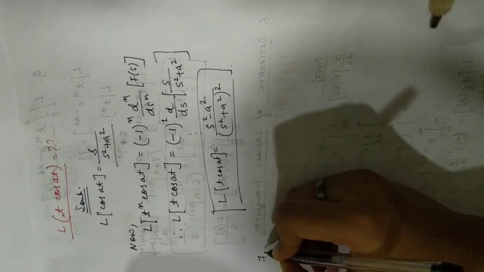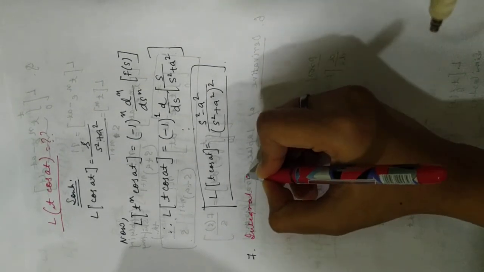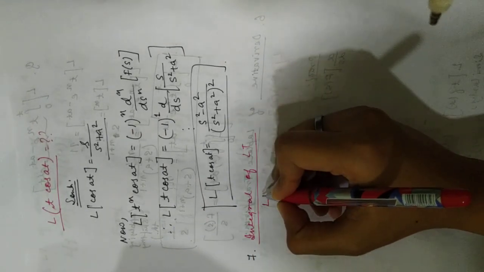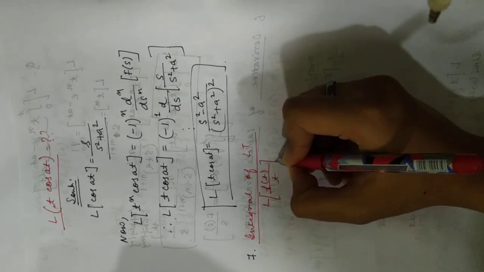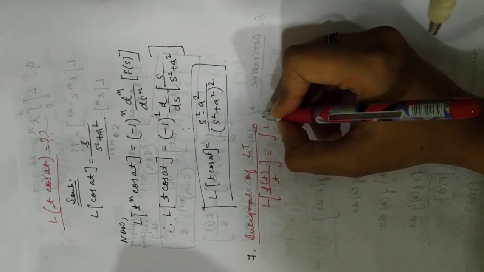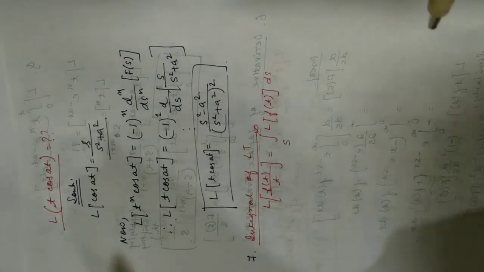This is our 7th property, that is the integral of Laplace transform. So the Laplace transform of f(t) by t is equal to the integral from s to infinity of the Laplace transform of f(t) ds, right? So we need to prove this.